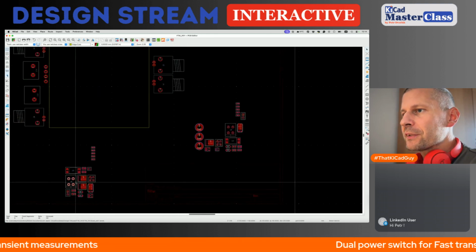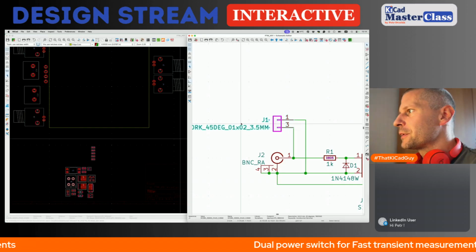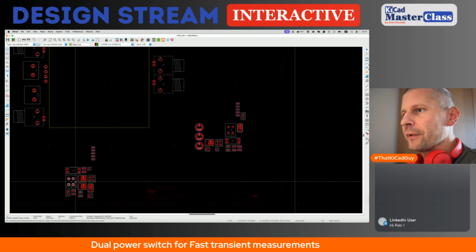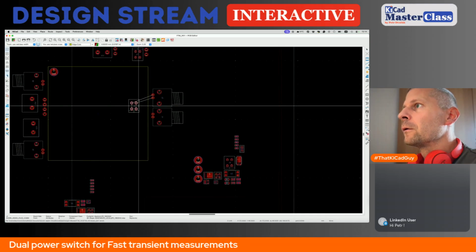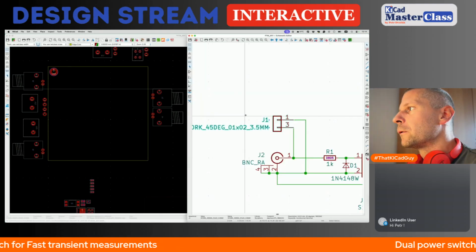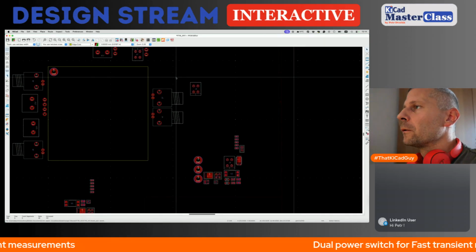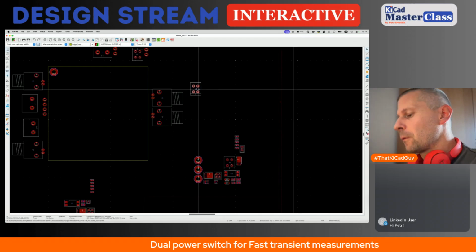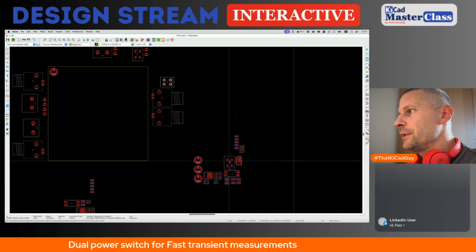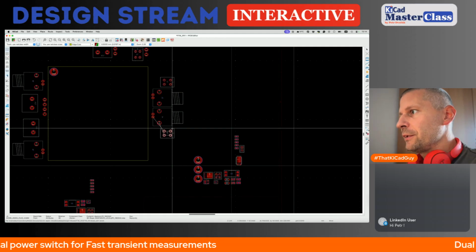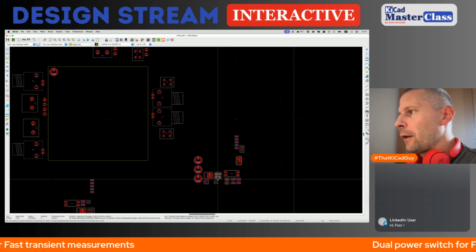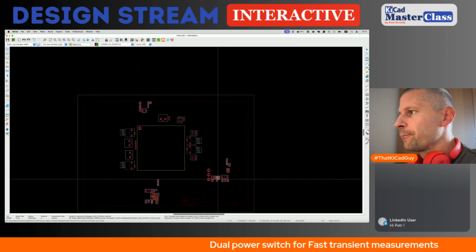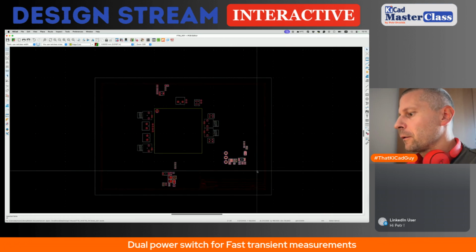We have some terminals as well. These terminals will double the input BNC, and this is for our MOSFETs.